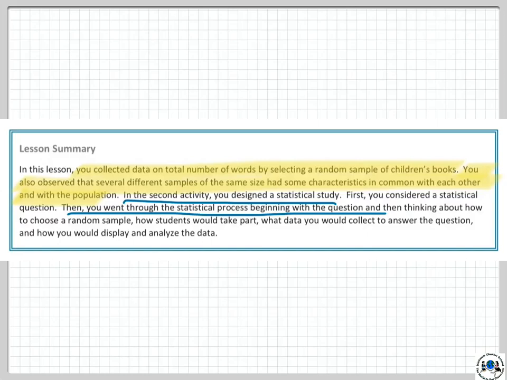But as long as you understand the statistical vocabulary and the process and the importance of things such as random sampling, then we will have been moving in the right direction. So this is where we'll end.